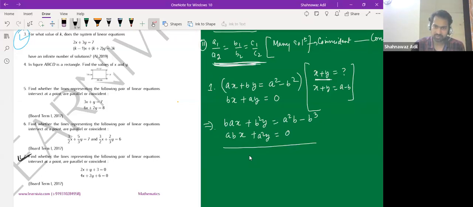Subtracting, we get b squared minus a squared on one side and a squared b minus b on the other. From here, what should we do next? Abhi, this is your method, so you tell us.